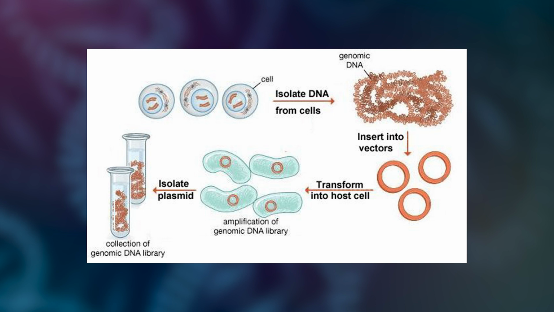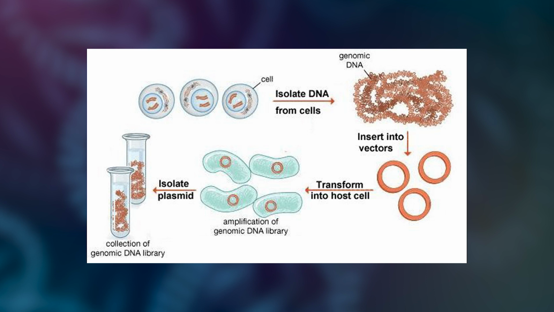Libraries are generally constructed through various molecular biology techniques, including DNA or RNA extraction, fragmentation, cloning into vectors which can be either plasmids or bacteriophages, and then transforming them into host cells, which is usually bacteria.